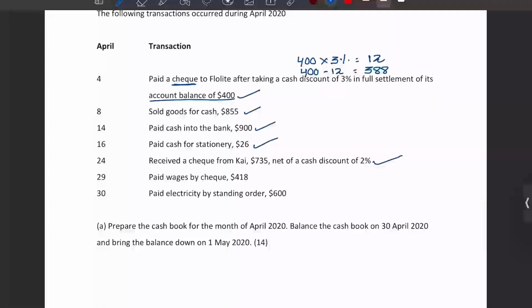It should be 735 divided by 98 into 2. You enter the other two also, enter the other two also till we fix this.